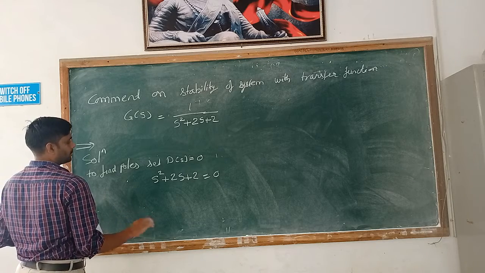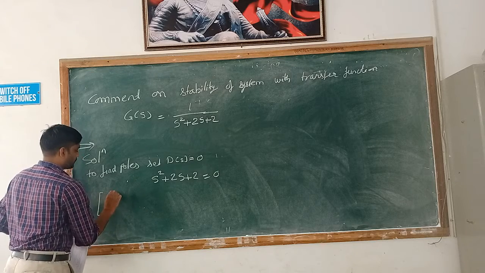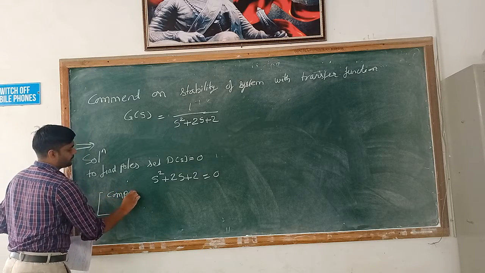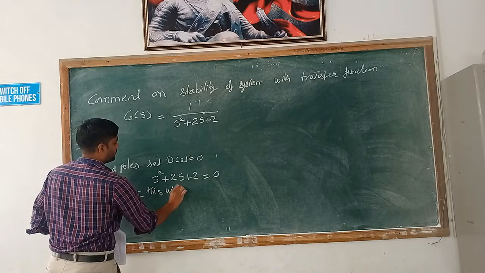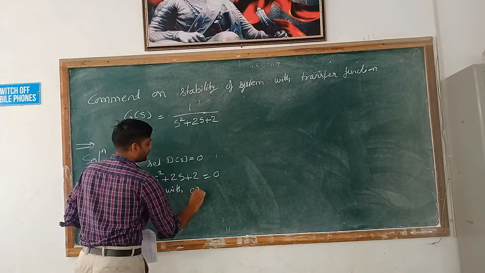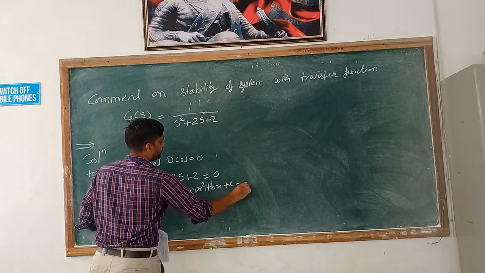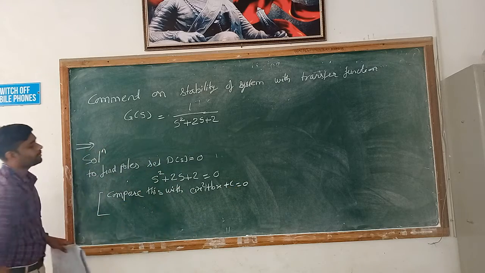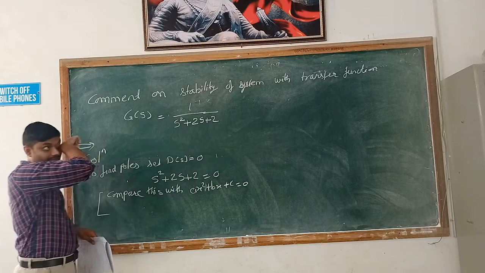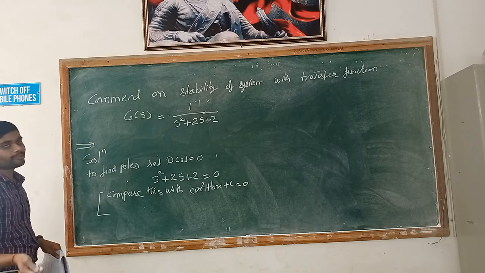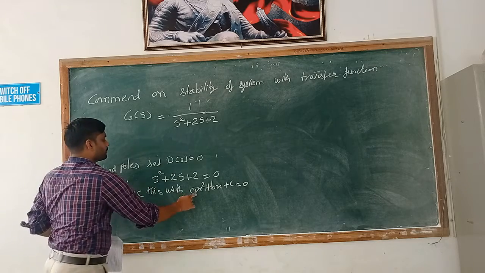So, to get this solution part, here I am writing. Compare this with ax square plus bx plus c equals to 0. Student, listen to me. Here we are going to find out the roots of this equation. The roots of this equation can be found out by using the specific formula. Here I am going to write.